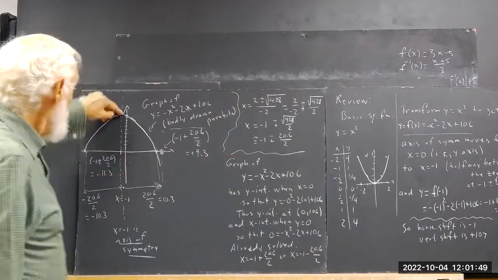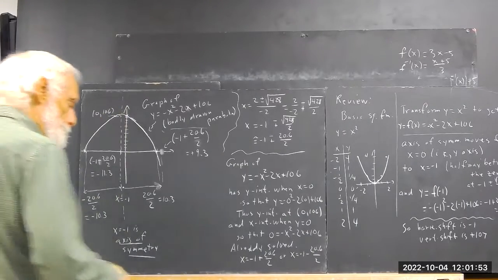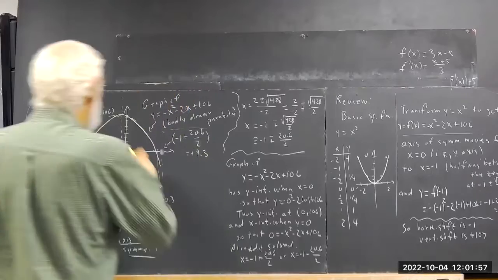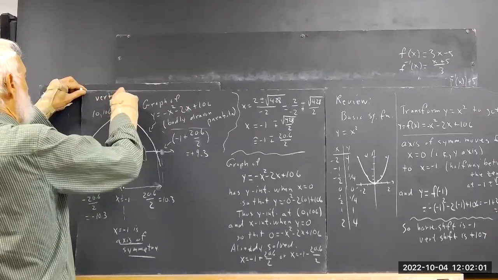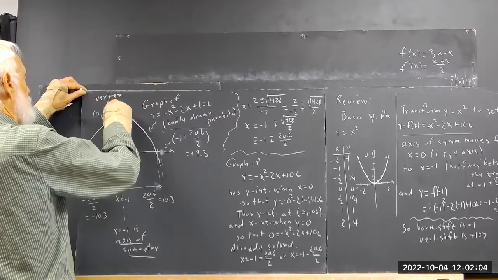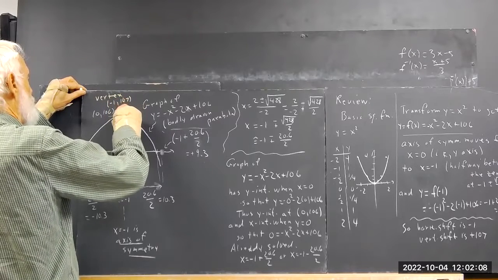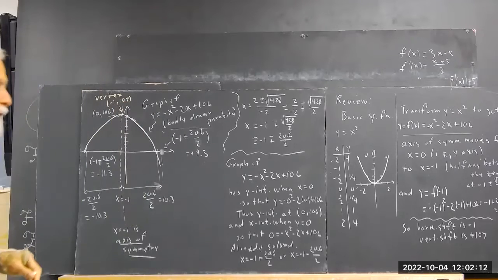Then it's got to go all the way up to 107. Here's our vertex. -1, 107.